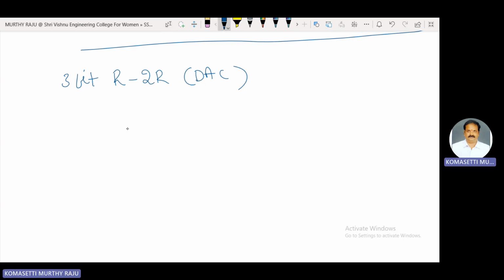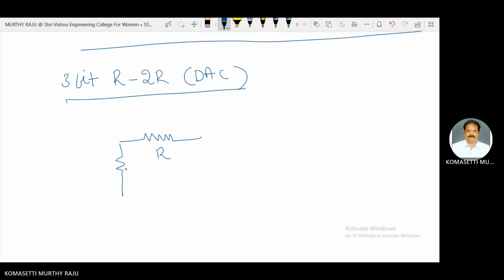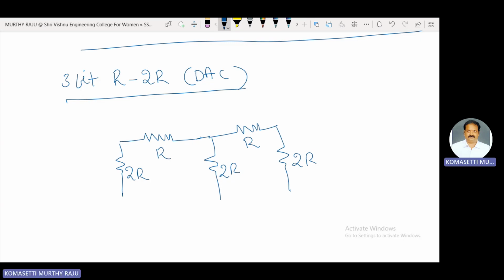Consider the binary adder network here, R-2R. One more 2R is connected to ground potential.